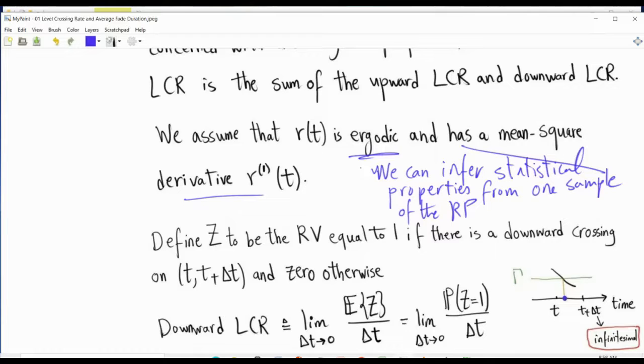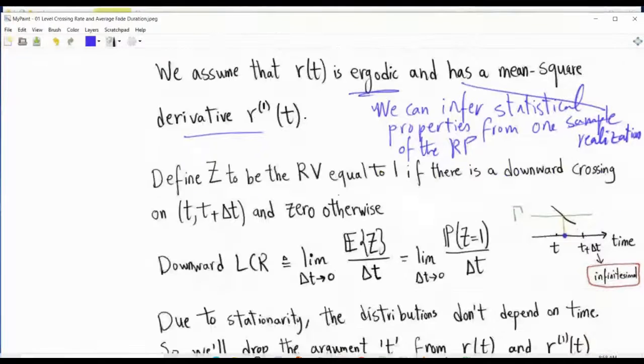It's a strong form of stationarity, in which you can infer something like the mean of the random process by just observing a realization from one sample. The sample is called the realization. And I will give you an example of how this can be applied.